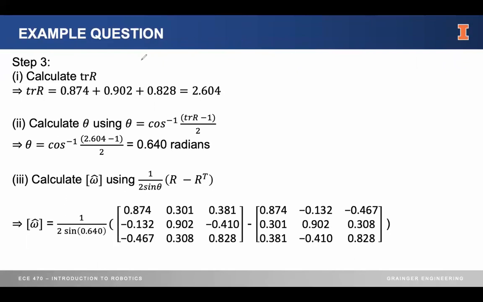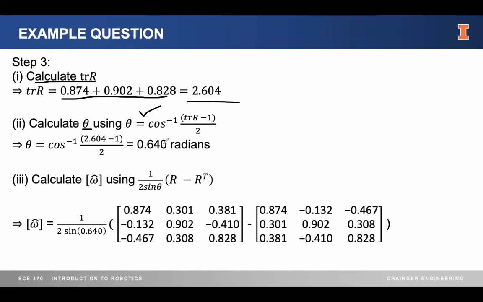Now since we know that our theta is not equal to 0 or pi, we start by calculating our trace, which comes out to be 2.6. We simply take the diagonal elements and sum them. Then we calculate our angle of rotation using the formula we previously discussed, theta equals cos inverse of trace minus 1 over 2.